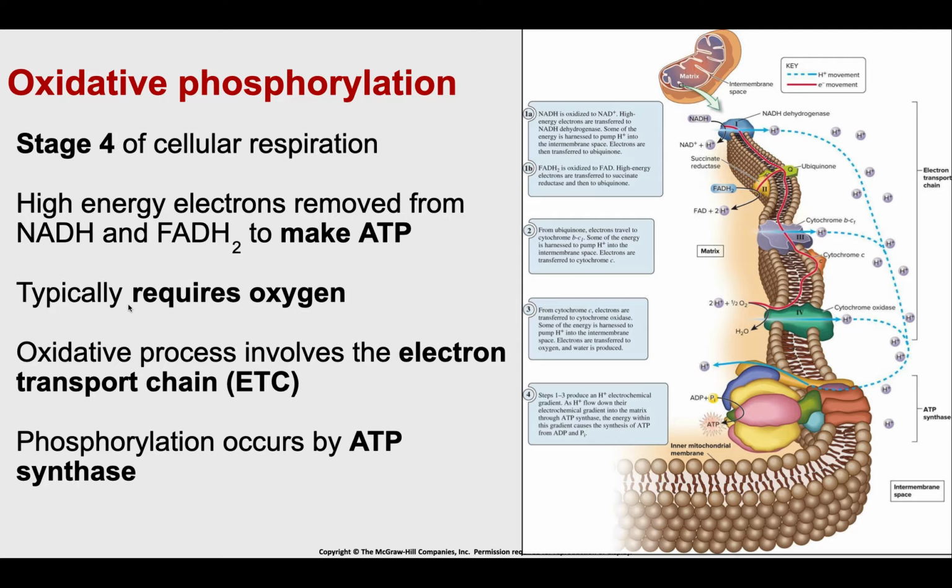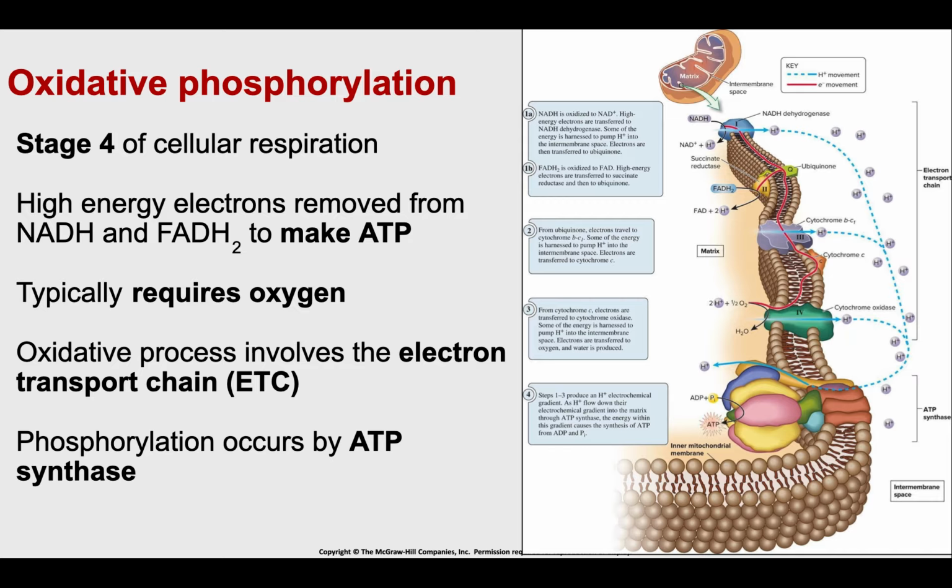And it's a process that involves the electron transport chain. Oftentimes in textbooks they won't call it oxidative phosphorylation, they'll just say it's the electron transport chain, right? Because that plays a huge part in this last step. And then finally, phosphorylation is going to occur via ATP synthase.